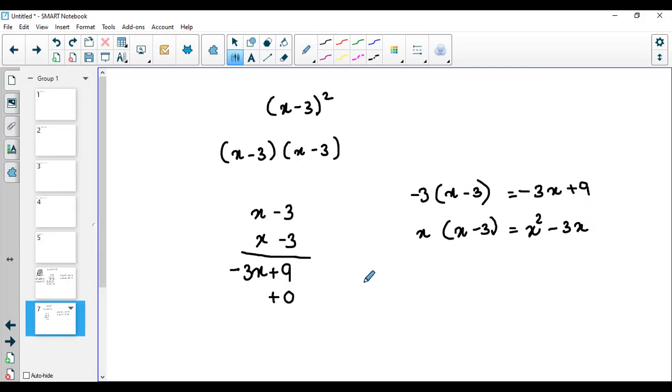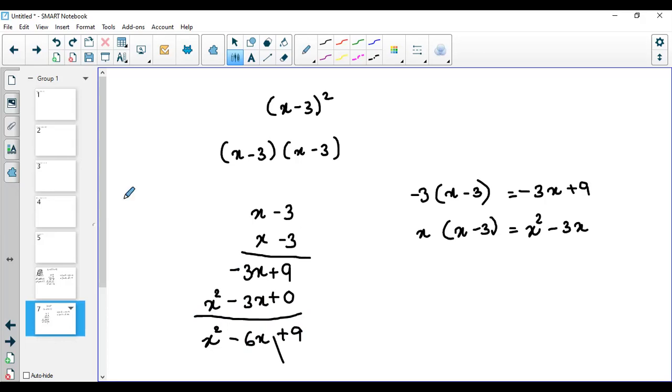Before adding the 0, don't write this, as the answer you're getting will be wrong. So this is going to be x squared minus 3x. Let's add them now. This is going to be x squared, minus 3x and minus 3x gives me a minus 6x, and 9 plus 0 will give me a 9. So it's the same answer whether you use the FOIL method or the vertical method.